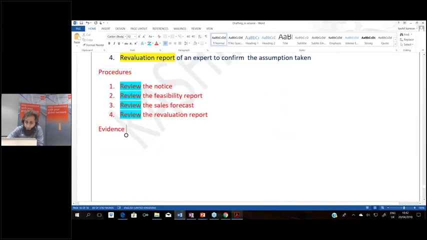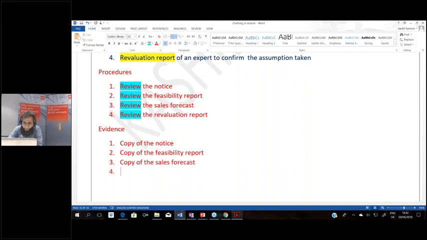If I write the same list into evidence, I'll say copy of the notice, copy of the feasibility report or extracts of the feasibility report, copy of the sales forecast, and copy of the revaluation report.